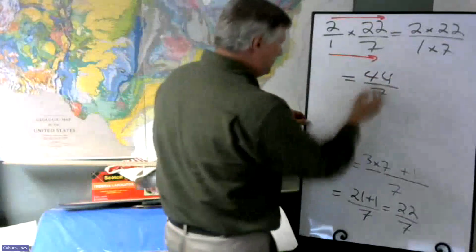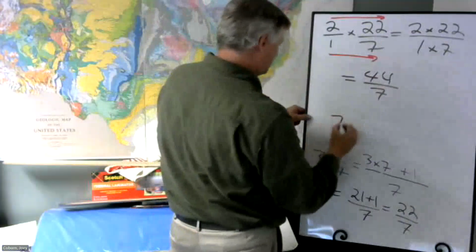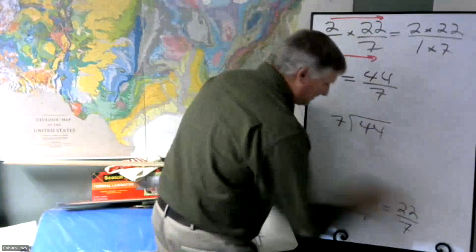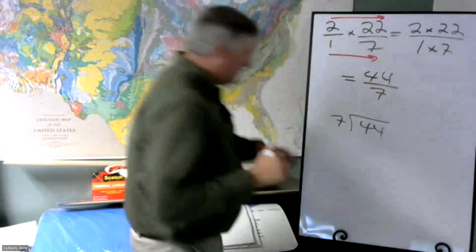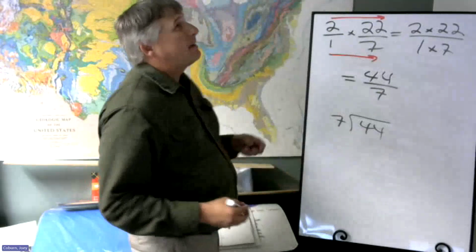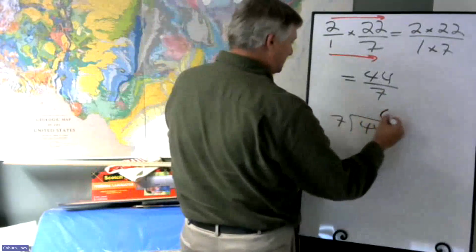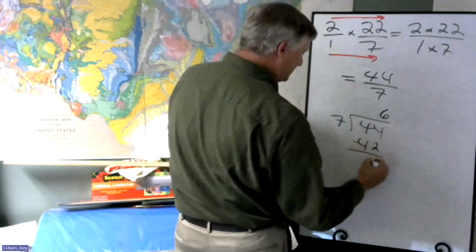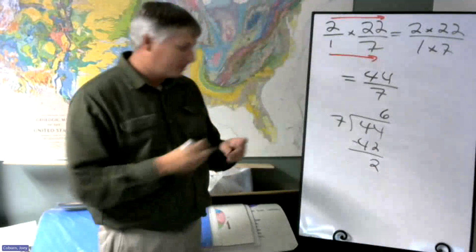So now we need to convert this to a mixed number. 7 won't go into 4, but it will go into 44. And it goes in at most 6 times. 6 times 7 is 42. Subtract, it's 2. No more numbers to bring down.